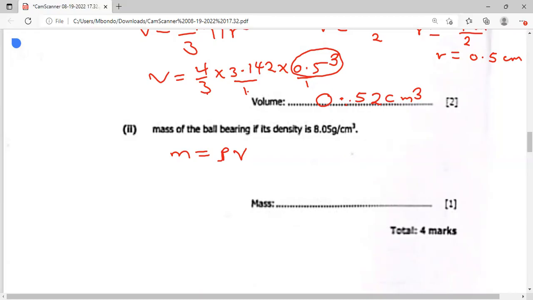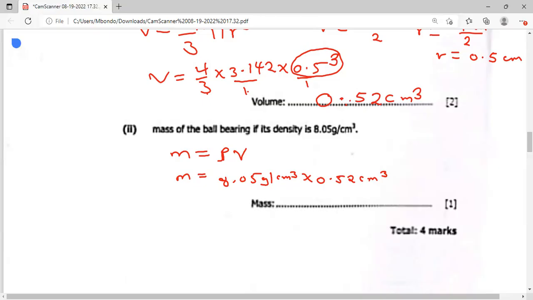So we get the density that is given, we substitute under the volume we have found there, to know the mass. So we say mass is equal to, the density given is 8.05 grams per cubic centimeters multiplied by volume 0.52 cubic centimeters. Now take note that the units are going to divide to give us the final unit that is needed for mass.